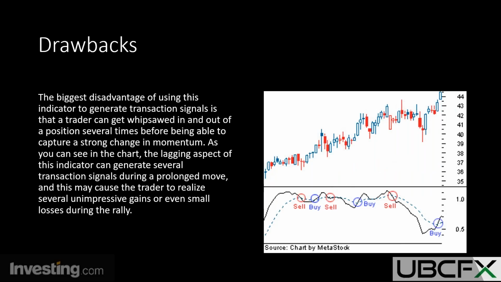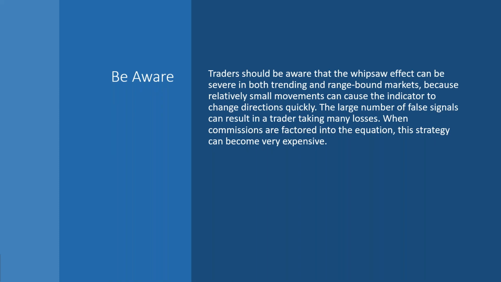So the biggest disadvantage of using this indicator to generate transaction signals is that a trader can get whipsawed in and out of a position several times before being able to capture a strong change in momentum. So traders should be aware that the whipsaw effect can be severe in both trending and range-bound markets, because relatively small movements can cause the indicator to change direction quickly.